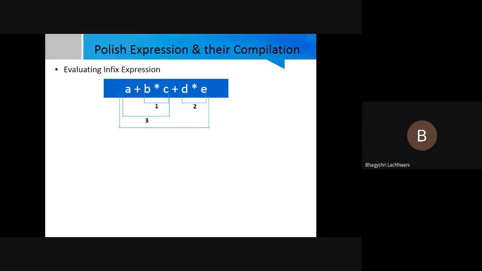Whatever the result of step 3 is, we will add it to the result of expression 2, that is D into E. See, these are the types of conflicts you have to solve when no parentheses are given.